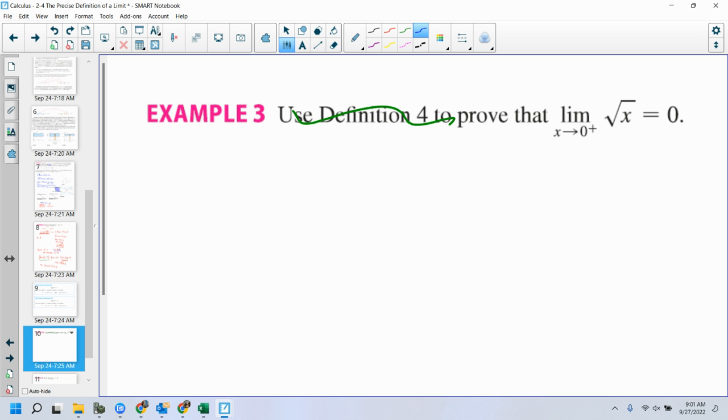Okay, so here's my prep, right? I know that my a is 0 and my L is 0. Okay, so we know that this has to be less than epsilon, right?